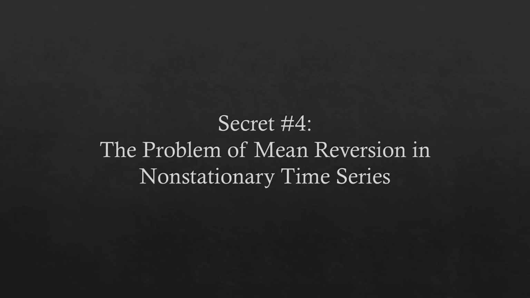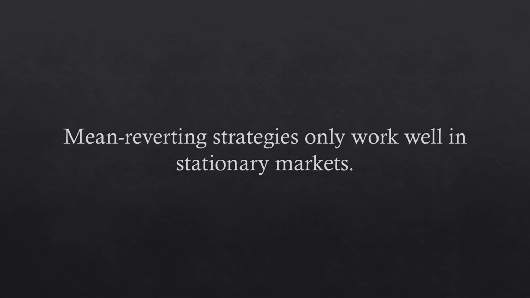As we saw in the third secret, the bigger the number of standard deviations price stretches away from the mean, the more likely it is that it will immediately reverse back to the mean. This is known as a mean-reverting strategy. However, there is a fundamental problem when we try to apply this strategy in price charts. Price charts have the property of being non-stationary, which means that they have variable mean and variable standard deviation.